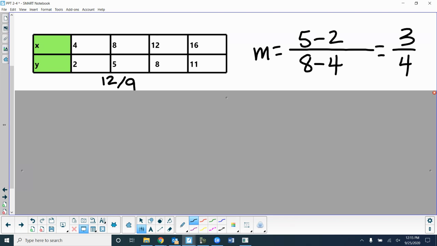This is x over y, right? Nobody's paying attention. You messed up. I meant 9 over 12. What's 9 divided by 3? 3. 12 divided by 3? Alright, so we get it. Okay?